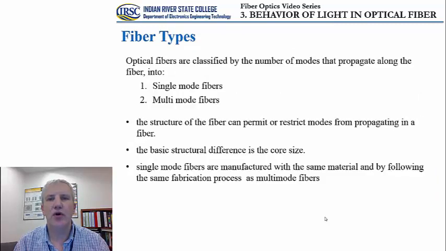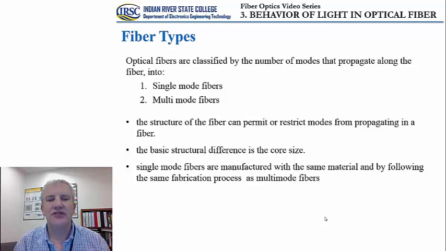Okay, let us now conclude. Based on the mode theory, as we have seen on the previous slide, optical fibers can be classified into two distinct categories: so-called single mode fibers that support the fundamental mode only, and so-called multi-mode fibers that enable propagation of multiple modes through their structure.